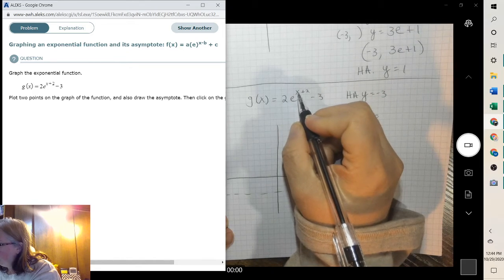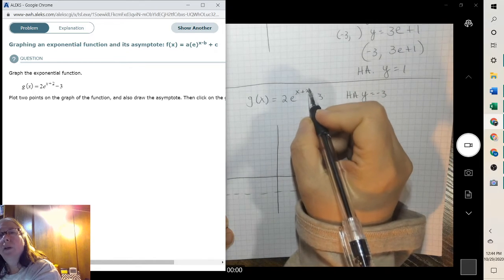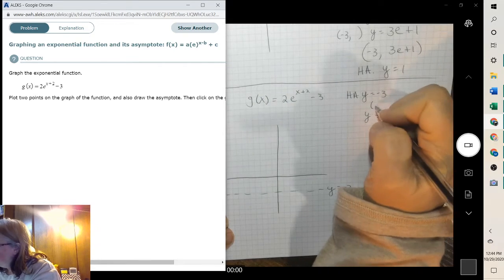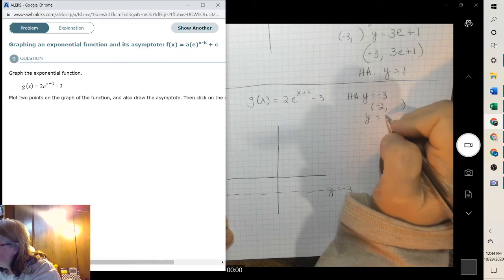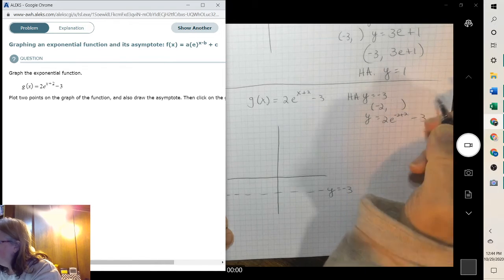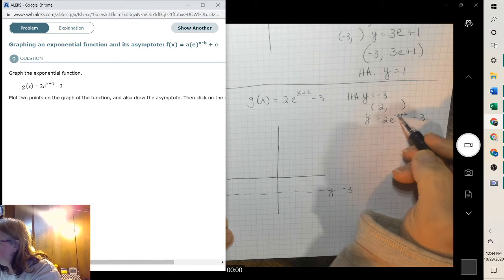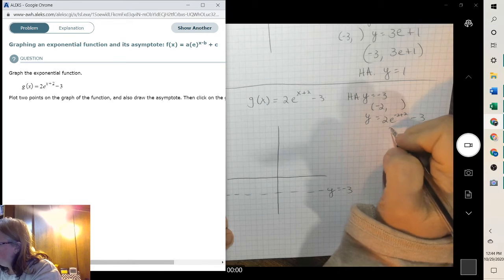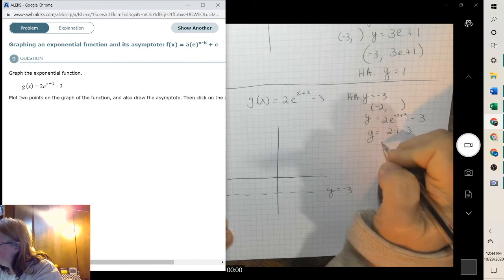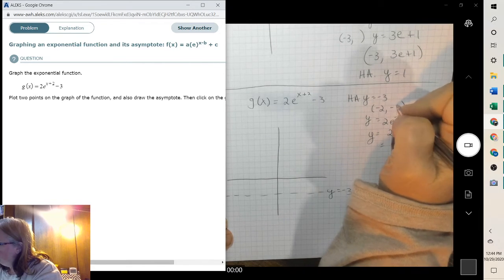Well, what's going to make this a 0 up here? Negative 2 will. So we're going to plug in a negative 2. 2e to the negative 2 plus 2 minus 3. E to the 0 is 1, so it's 2 minus 3, which gives us a negative 1.